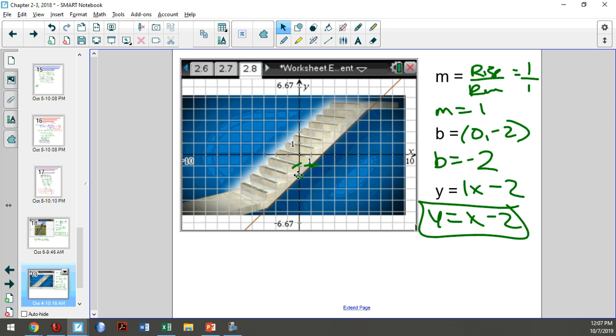Okay, tonight's homework is this worksheet. Problems 1 through 9 are like the first 3 examples in tonight's notes.